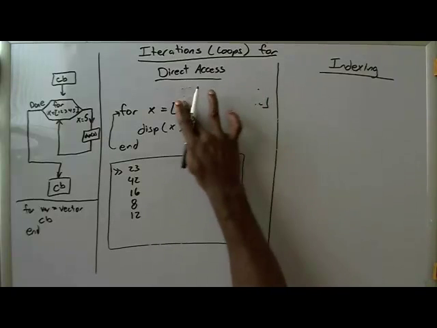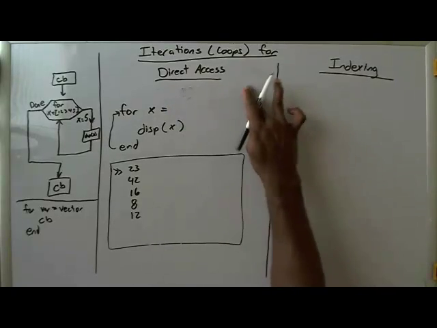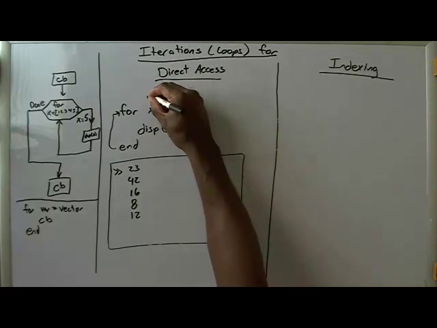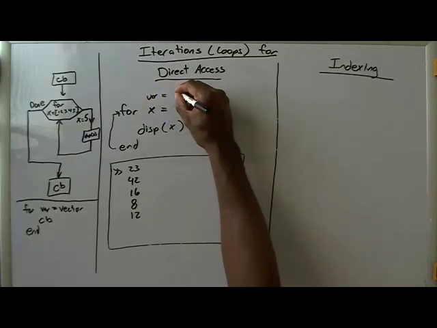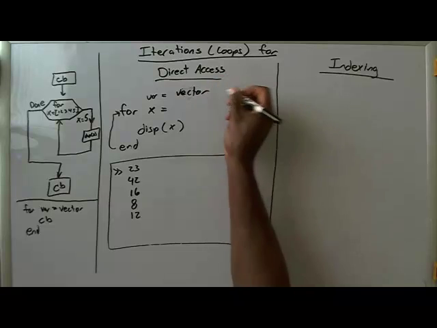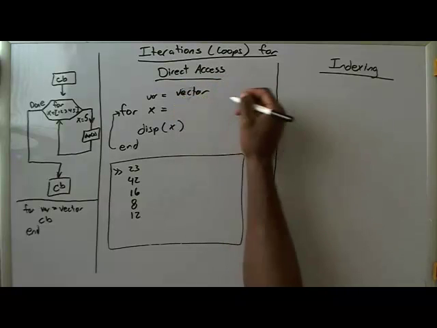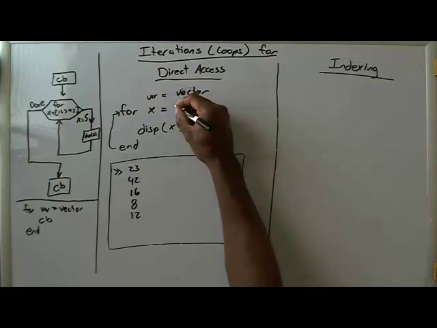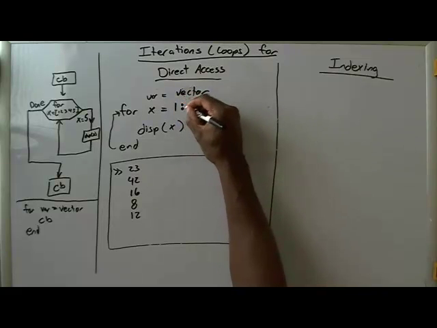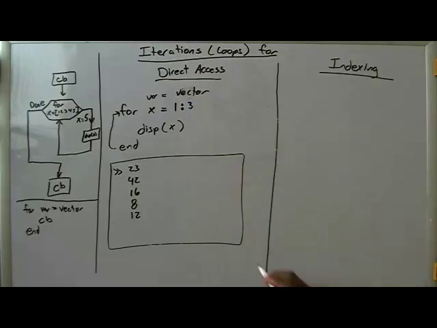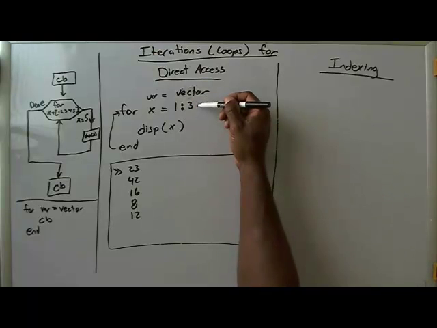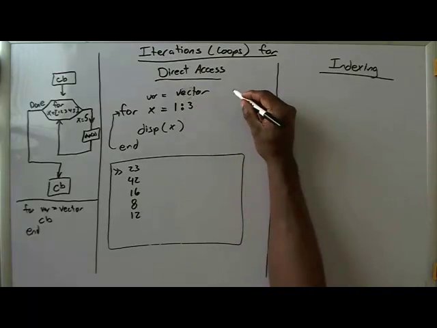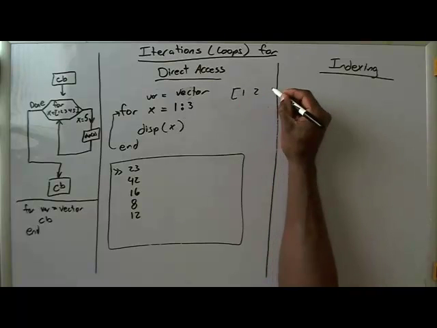Okay, so now let's say, once again, it is some variable equals some vector, right? So let's now, instead of the direct entry of a vector, say it was 1:3. Well, 1:3 is just a different way of writing the vector 1, 2, 3.